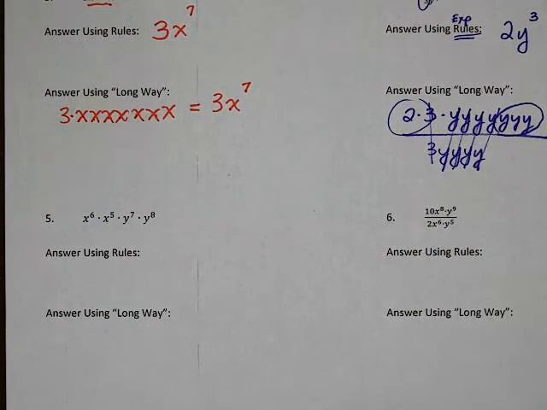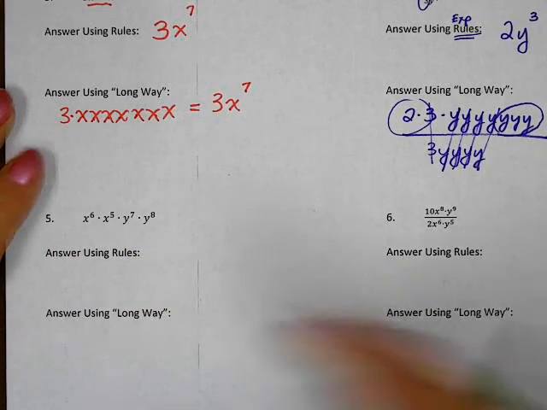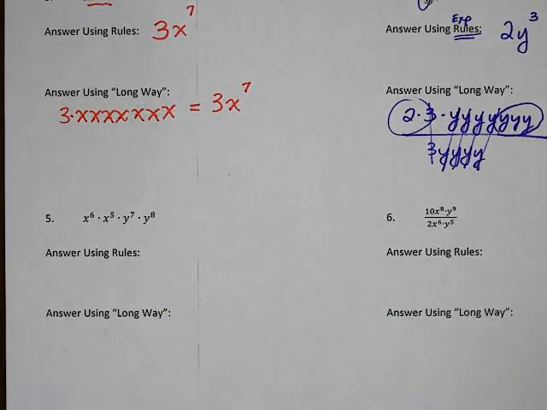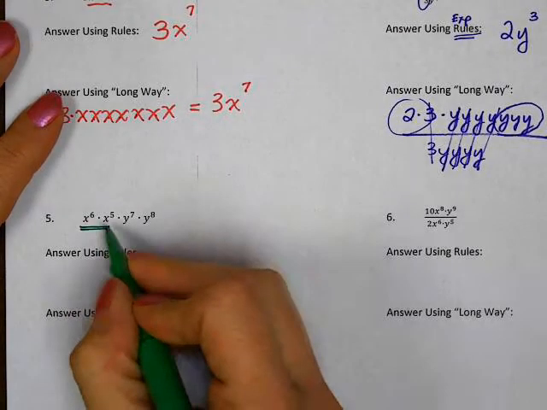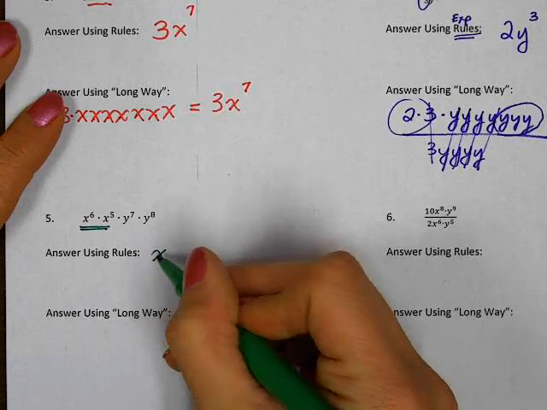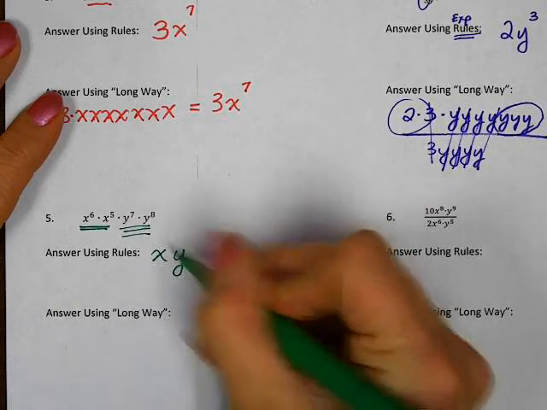Number 5. Can you combine things? Yes, if they have the same base. So I see x's and I see y's. So we have to be very careful here that we don't just smush everything together because we're in the smushing mood. We're going to combine our x's because they have the same base, and then we'll combine the y's together because they have the same base.